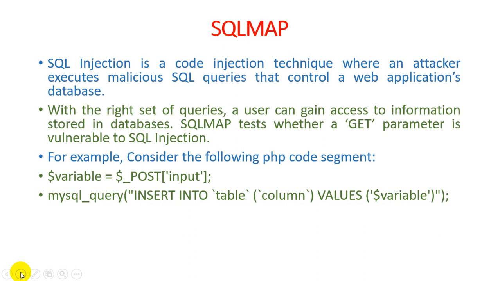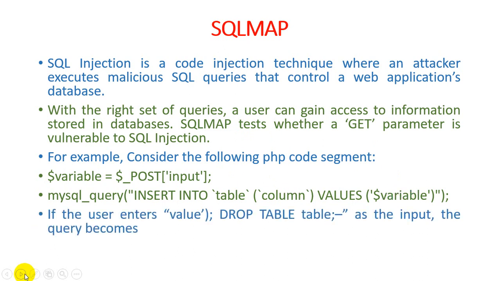So this particular query works to insert data into a particular table with a particular column name, because whatever data is entered by the end user should be stored in this variable. It's known as a $variable, and we can pass a value into this particular variable. So this particular query works for inserting data into the particular table, into a particular column, this particular value.